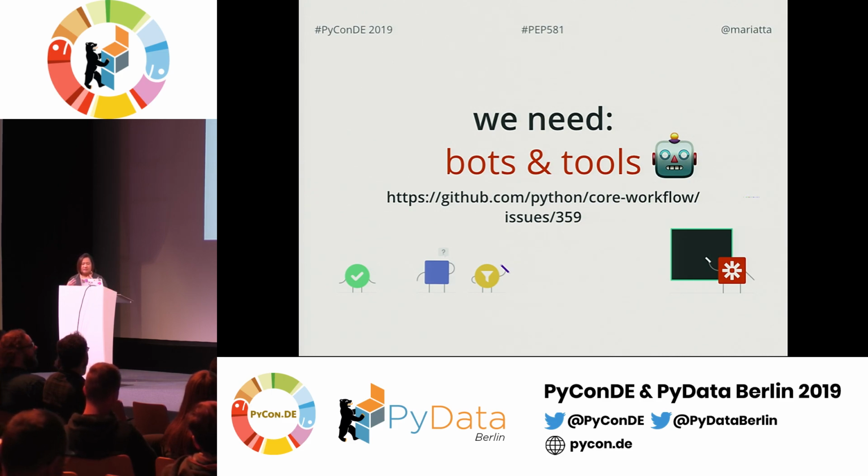Some of these we probably need to get help from GitHub, as they need to be changed from GitHub's side. I will be passing some of these comments to GitHub and asking them what they can help us with. But there are also some things that I think we can build from our side, like by using the APIs. So if you're interested in building more bots, GitHub tools, check out this issue for inspiration on how you can help us.